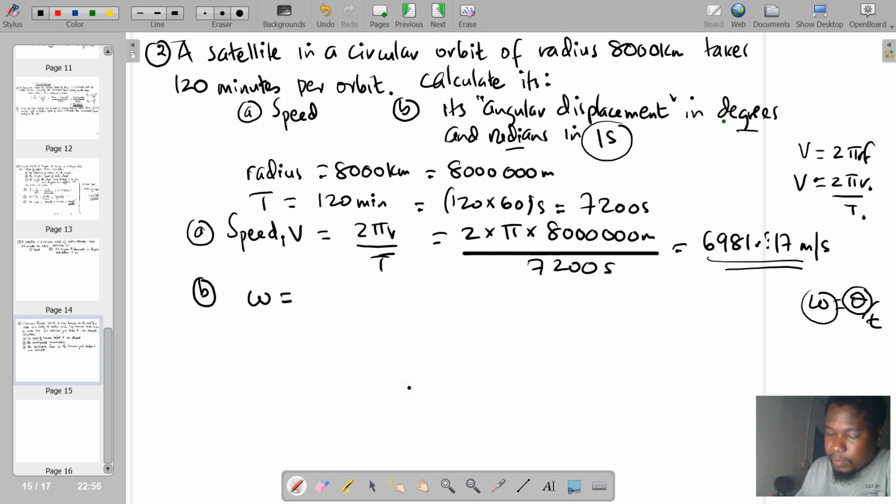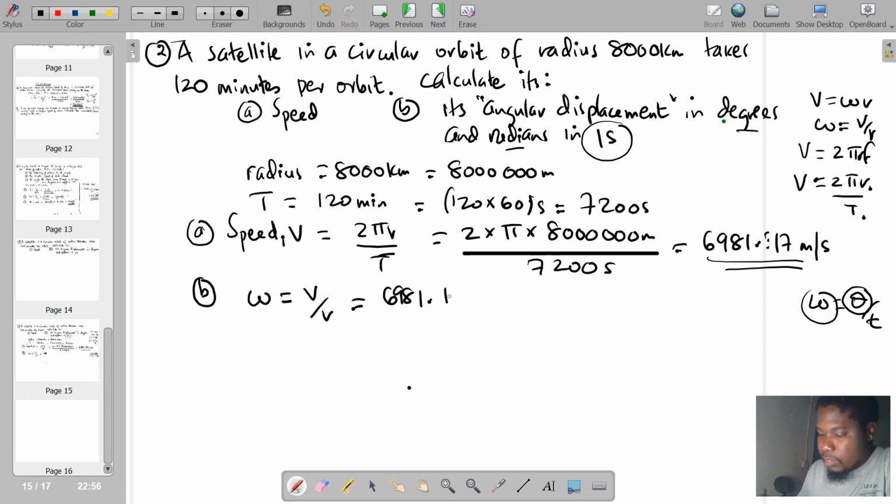Now, remember that v is equal to omega times r, therefore omega will be equal to v over r. The v that we've calculated, 6,981.317 meters per second, divided by 8 million meters.